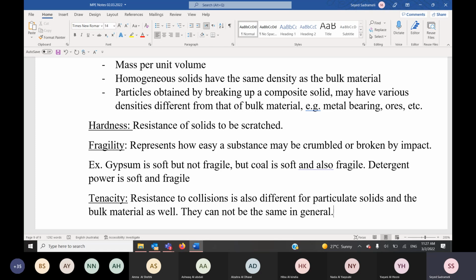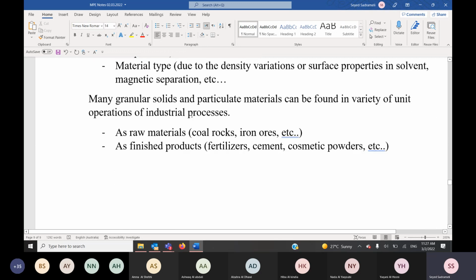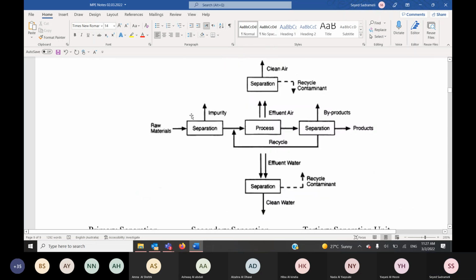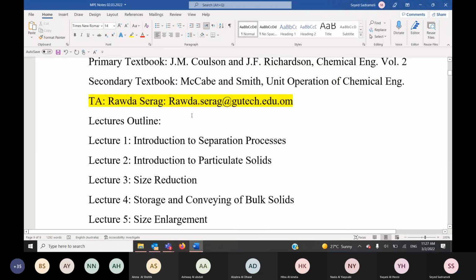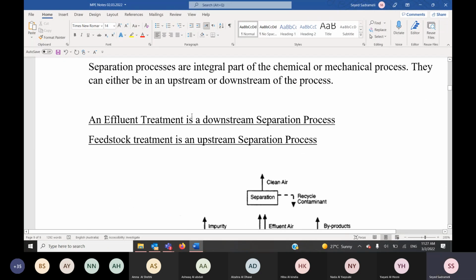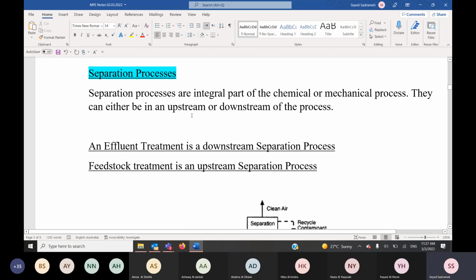Let's do a short review of what we had in this lecture. If you have any questions, you may ask. In separation processes, we divide them into two parts.